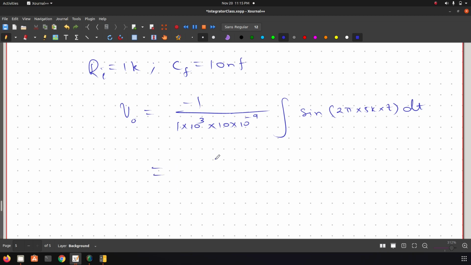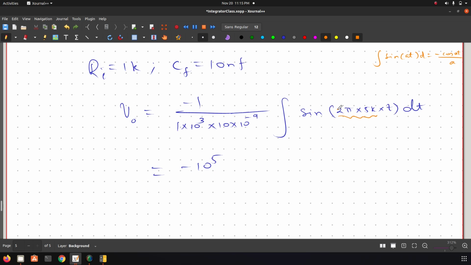So we have 10 power minus 5, and when it goes to the numerator it is minus 10 power 5. If we integrate sine we will get minus cos, so the integral of sine at dt equals minus cos at divided by a, where a is 2 pi into 5k.